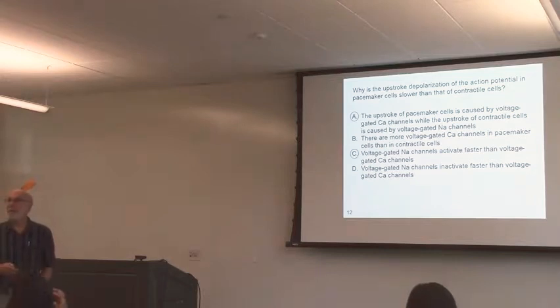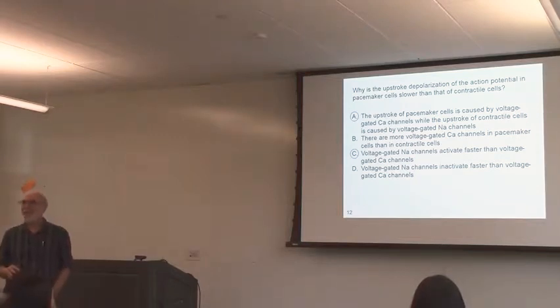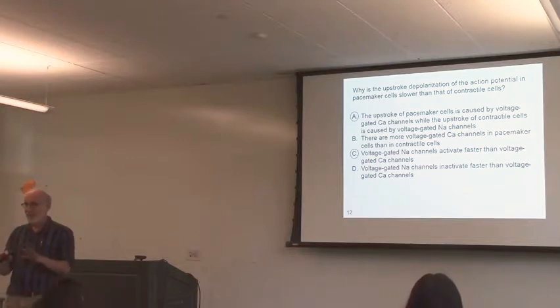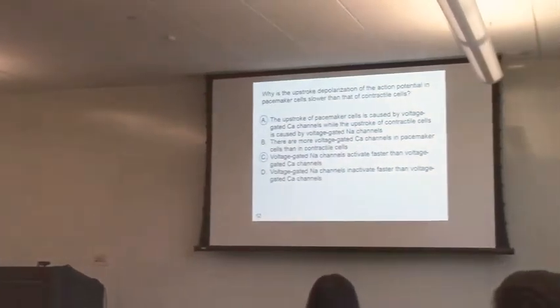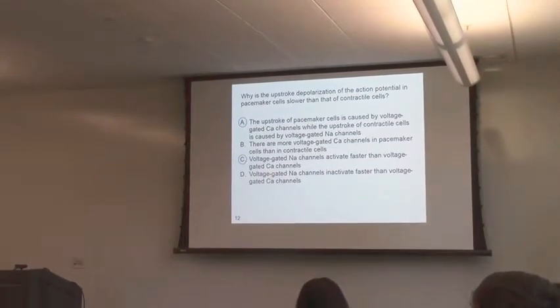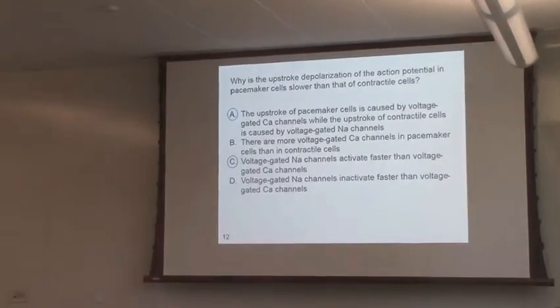Yes. So then what you just said, what's the difference between C and D? Yeah. That's a true statement, but it doesn't explain the upstroke. Okay. I got it. D is a true statement, but it doesn't answer the question. So don't let true statements that aren't germane throw you off. Is that clear? Yeah. Okay. Can you explain how C makes it, like activating faster makes it slower? No, sodium channels activate faster, so the depolarization is faster in ventricular myocytes.